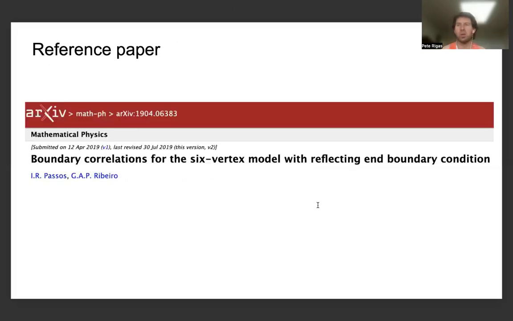So the reference paper that we're going to have for this part of the presentation in the series is a paper from 2019 in mathematical physics, titled, from these two authors, Boundary Conditions for the 6-vertex Model Reflecting N Boundary Conditions.